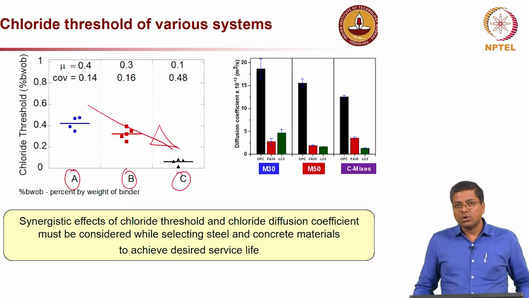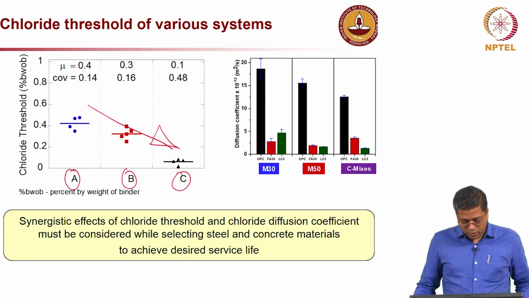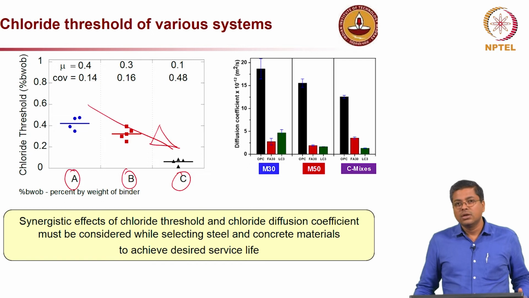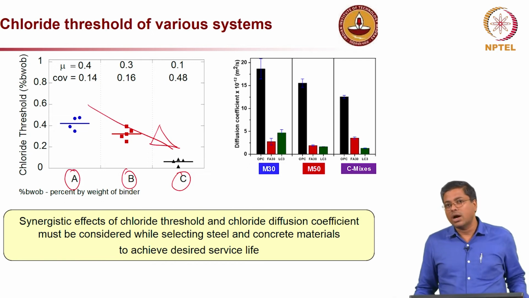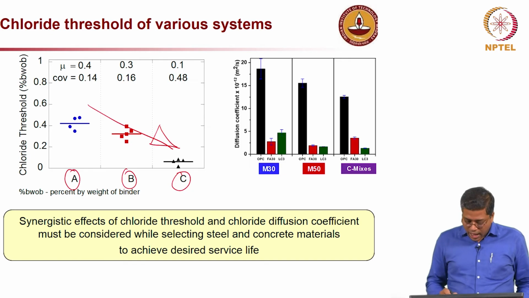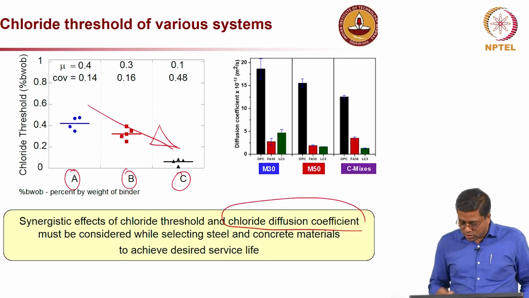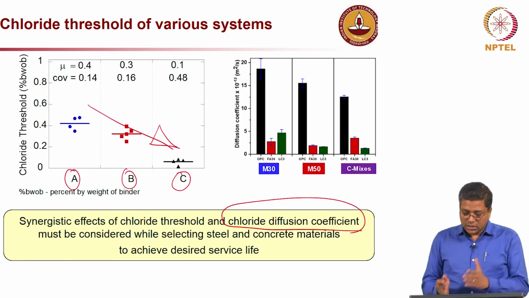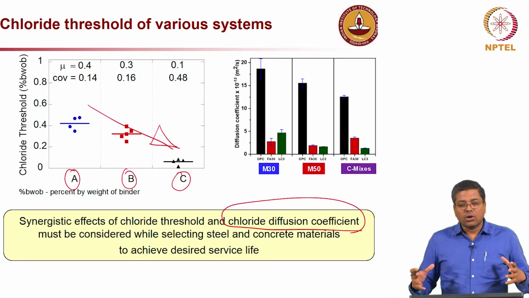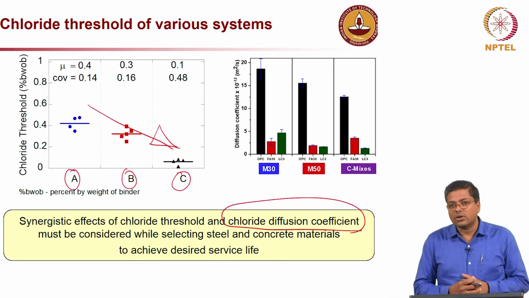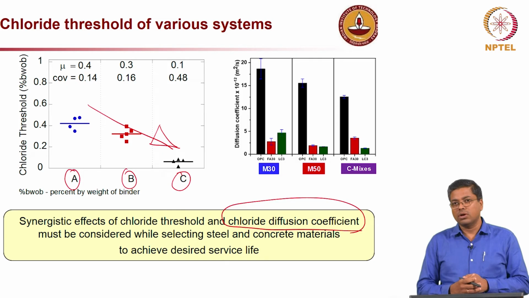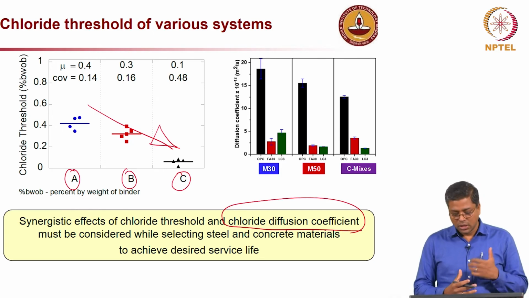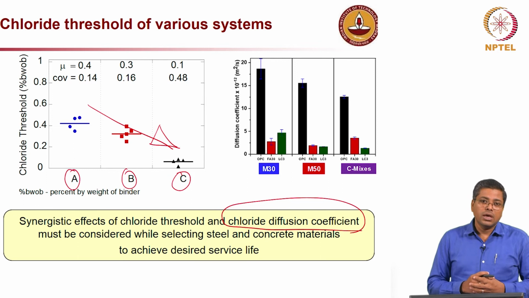So, for each steel concrete system you have to determine chloride threshold, and then combine that result with the chloride diffusion coefficient results, which I discussed in the previous lecture. The combined, synergistic effect of chloride threshold and diffusion coefficient are both required to assess which steel concrete material system can be used.